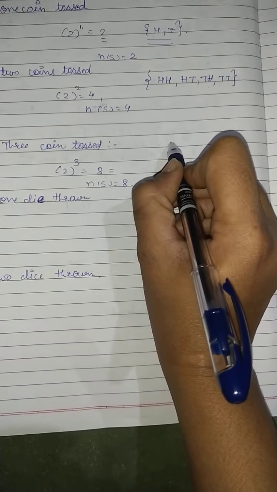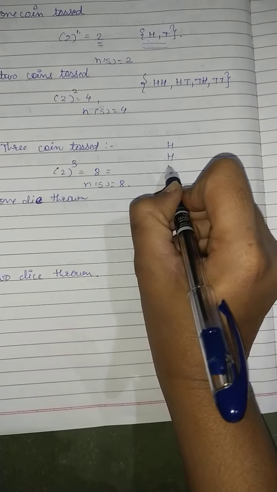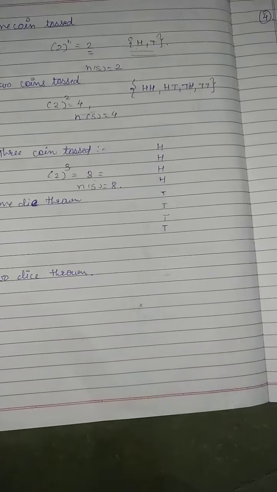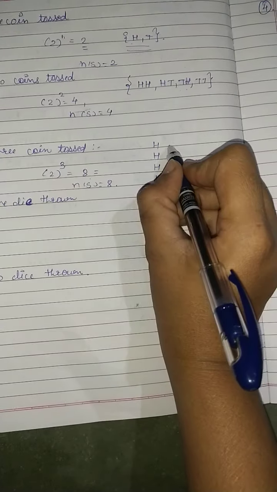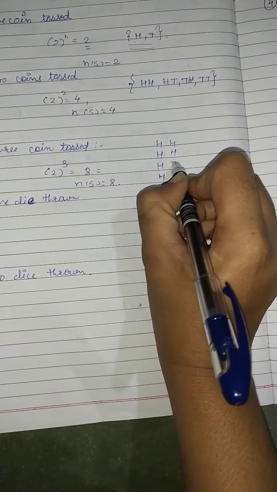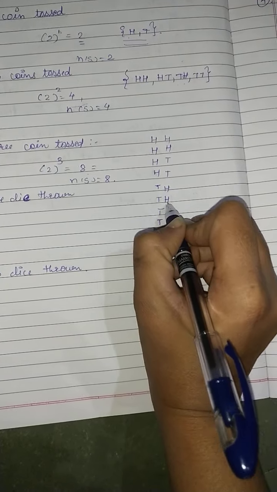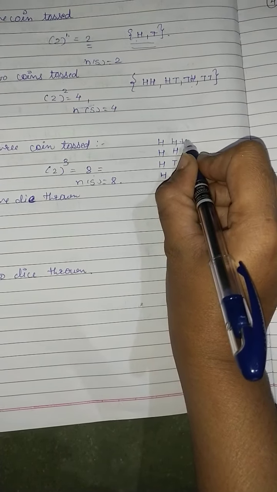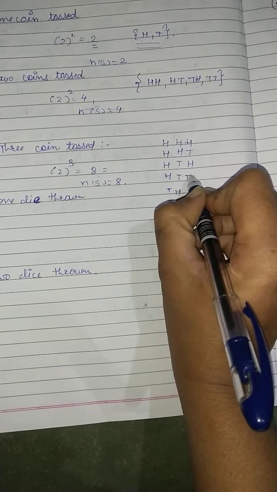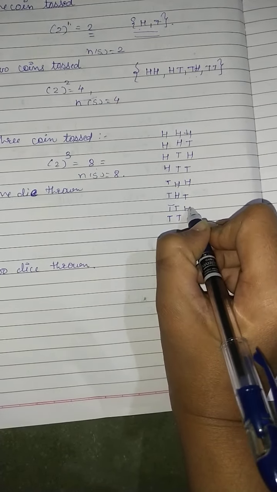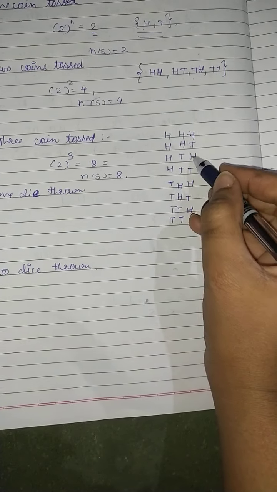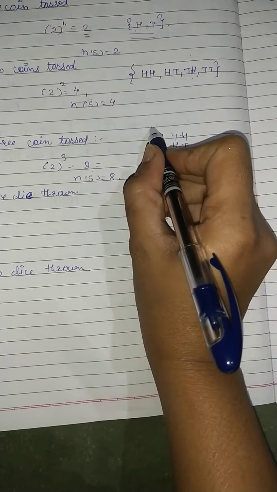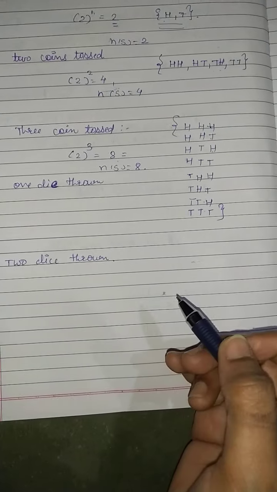Firstly, write down 4 times H, then 4 times T. Then 2 times H, 2 times T, 2 times H, 2 times T. Then 1 time H and 1 time T: H, T, H, T, H, T, H and T. How many? 1, 2, 3, 4, 5, 6, 7, 8. These are your sample spaces if you toss the coin thrice.